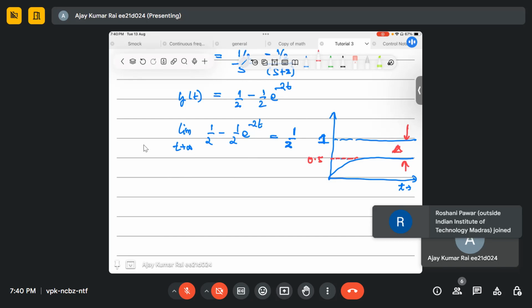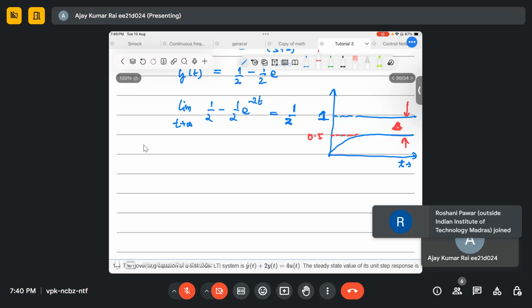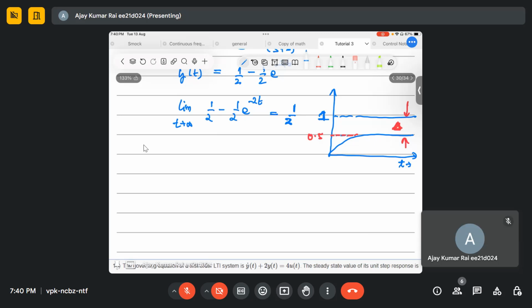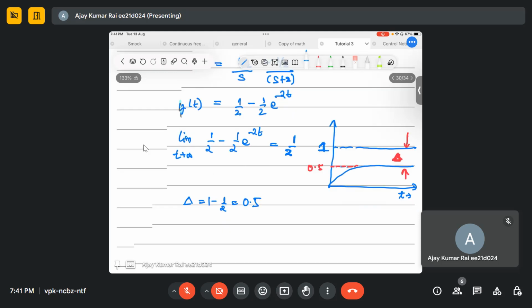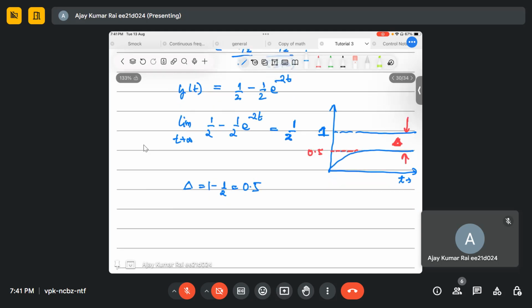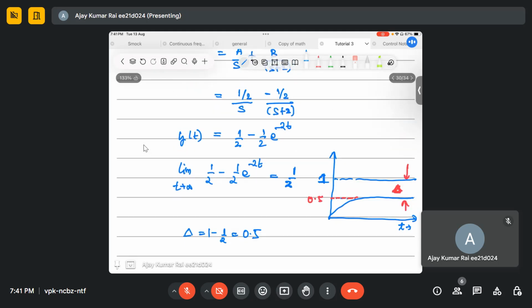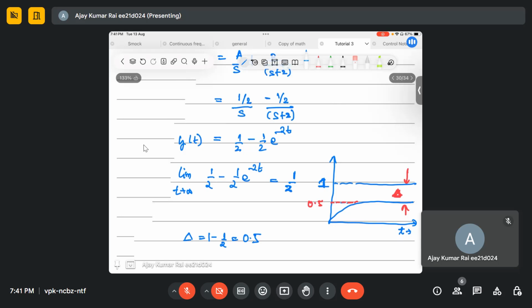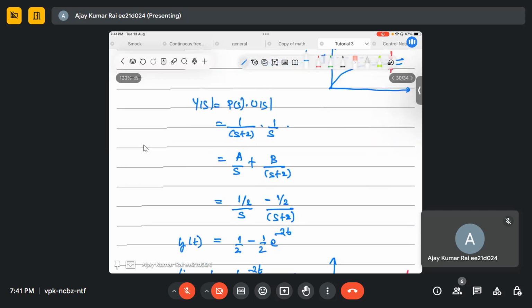Let me call it delta. So what is that? 1 minus half, which is equal to 0.5, right? So you have to find the difference. You know the input is always equal to 1, so the input is not changing.